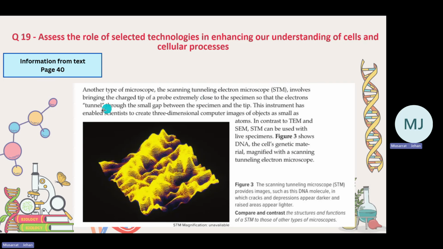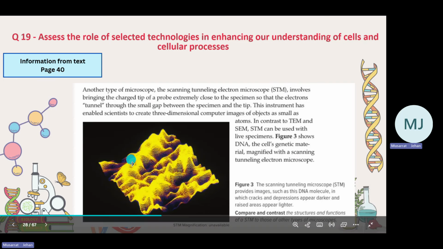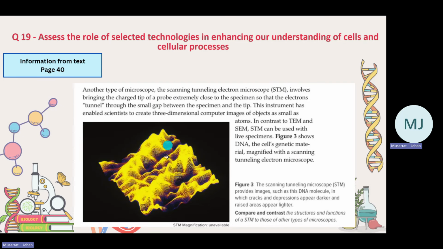When it is brought very close to the specimen, the electrons go from the probe onto the surface; they tunnel through the gap between the specimen and the tip. Then the scientists were able to create a three-dimensional computer image. It could be colored. A computer image of objects as small as atoms. So it could magnify a great deal and give a three-dimensional image.